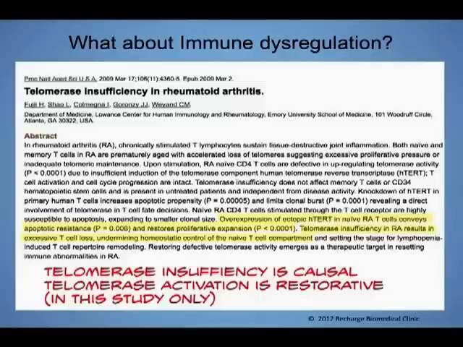So they found that overexpression, on the other hand, of telomerase conveys apoptotic resistance, meaning it helps keep them alive and restores their clonal expansion. So one can only conclude that telomerase insufficiency is bad and accelerates the disease. And this is only one study, but nevertheless consistent with what we're thinking.